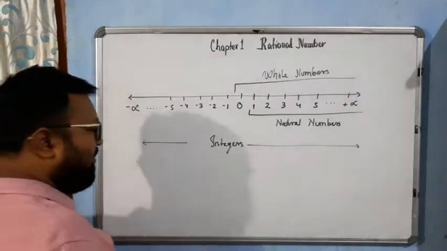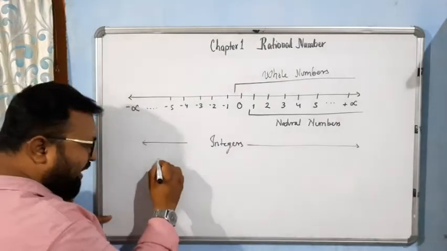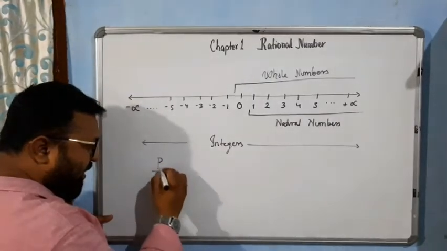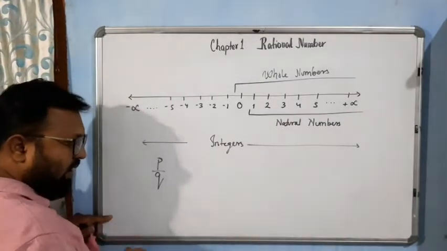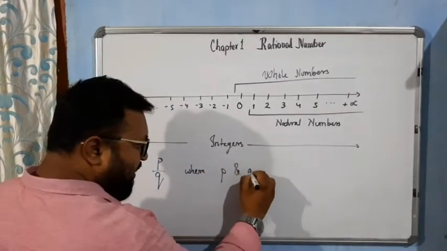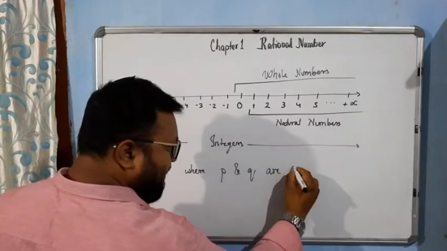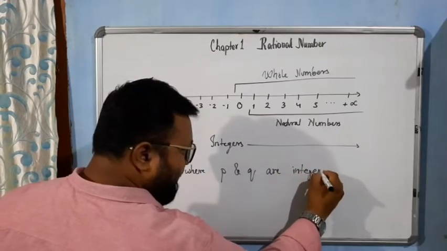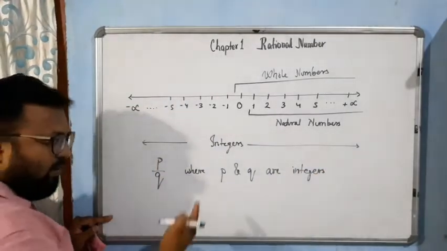What is rational number? A number which can be expressed in the form of P by Q, where P and Q are integers. P and Q are integers.